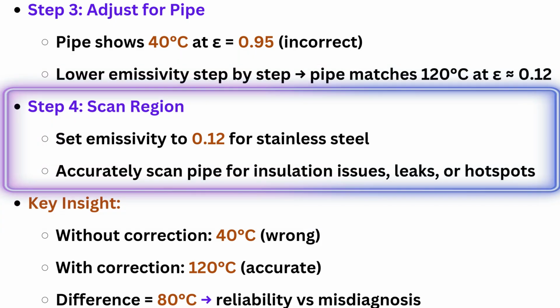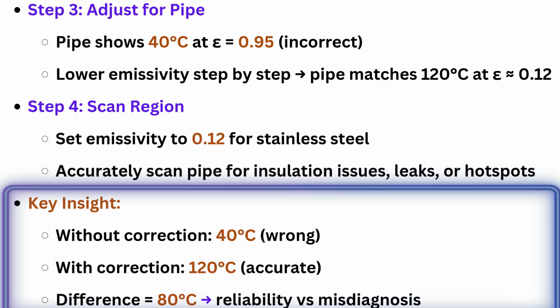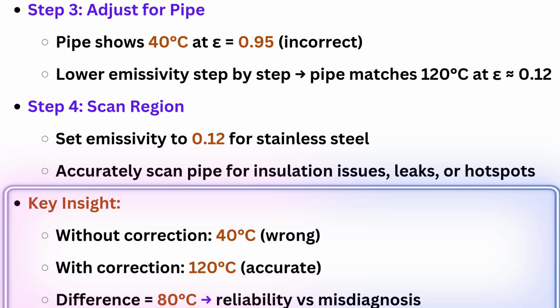So this is the emissivity that I will actually use to scan this entire pipe. Without this correction, it will be very difficult for us to do the analysis or scanning of that entire pipe, because you know how much difference there is between the actual temperature and the false temperature. Initially I am getting the false temperature, 40 degrees Celsius, and once I put on the proper emissivity, I attain a temperature around 50 to 60 degrees Celsius higher than before, right?